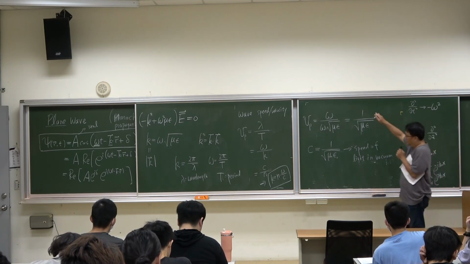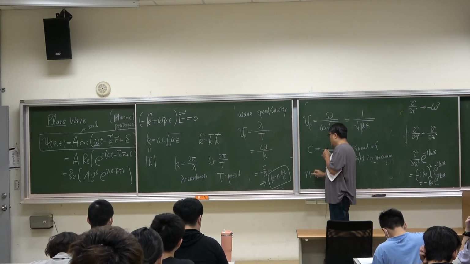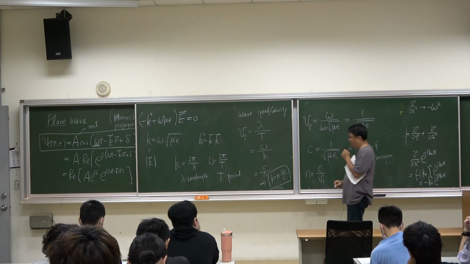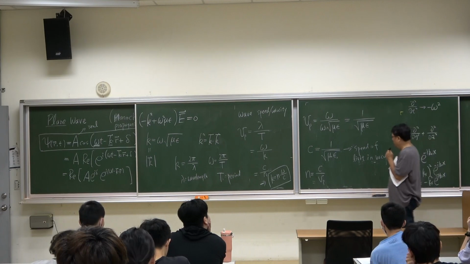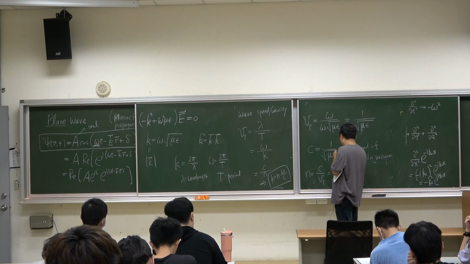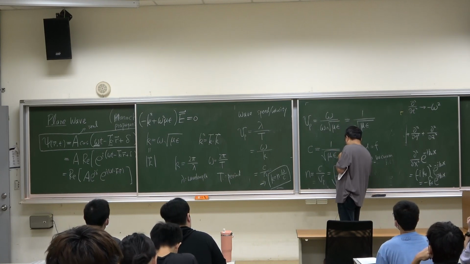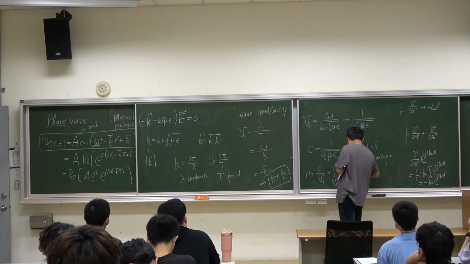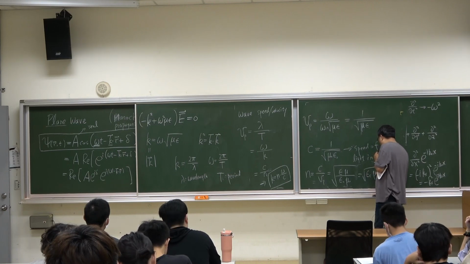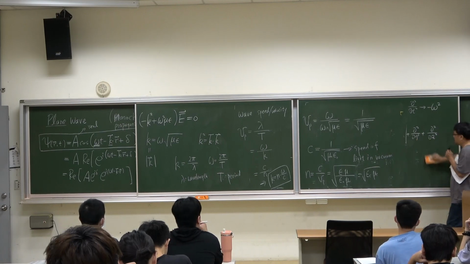From this, we can also identify n is equal to the ratio between c and Vp. So n is equal to the square root of epsilon r times mu r, the refractive index.